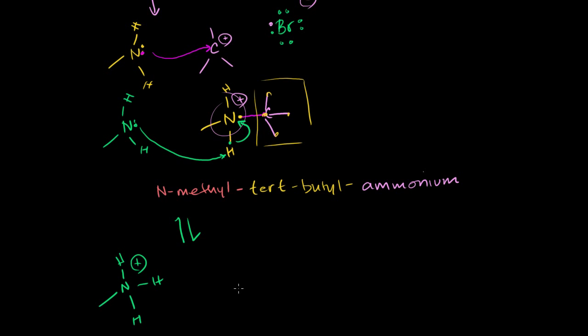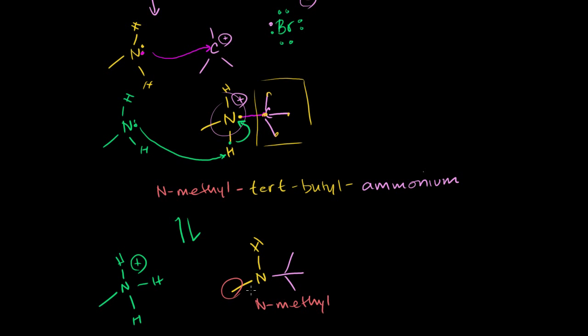Lost a hydrogen. So you have a methyl group bonded to an N, bonded to an H, which is then bonded to a tert-butyl group, just like that. So now, as I just said, this is methylammonium, but this over here is N-methyl.